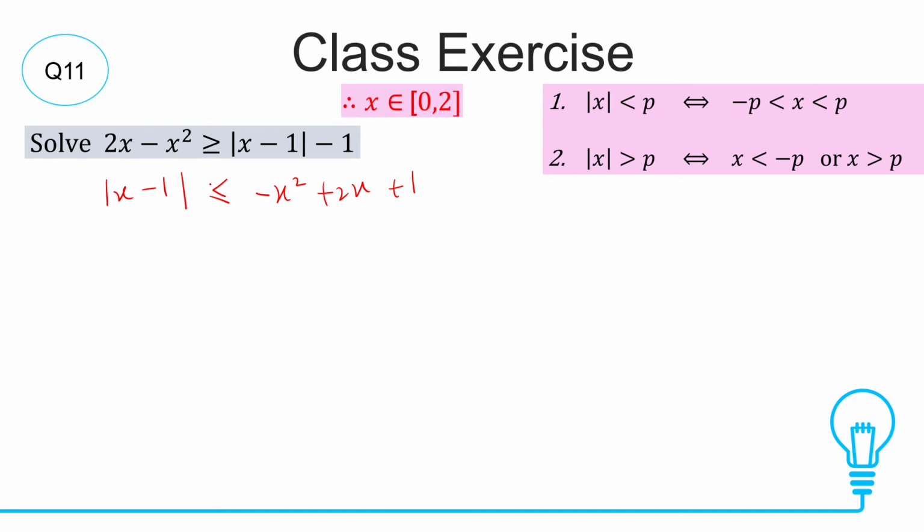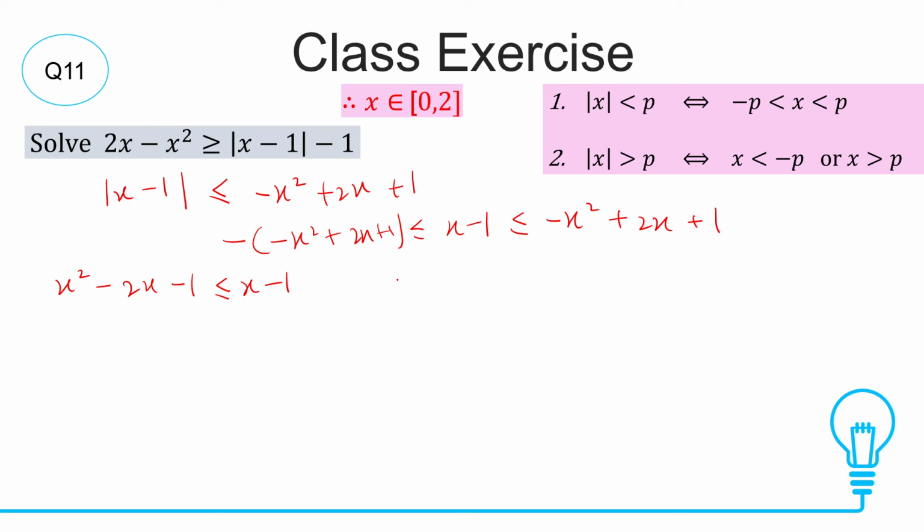Because this one is less than, I can break it into x minus 1 in between negative x squared plus 2x plus 1 and negative x squared plus 2x plus 1. Since I have 3 components and they consist of x, I need to separate them. x squared minus 2x minus 1 less than or equal to x minus 1, and x minus 1 less than or equal to minus x squared plus 2x plus 1.